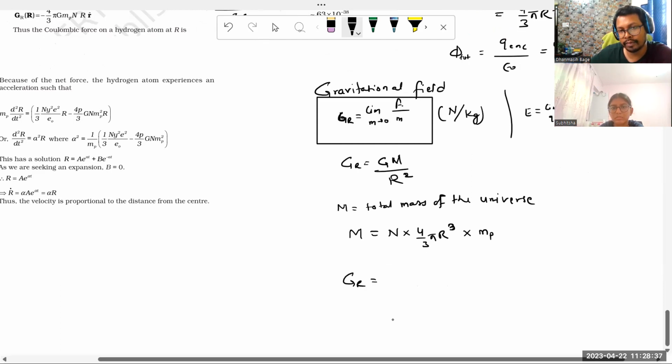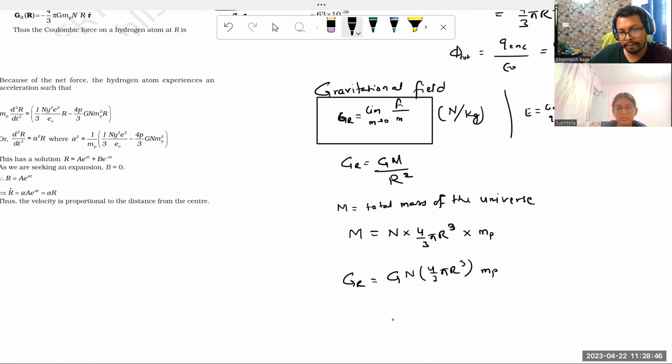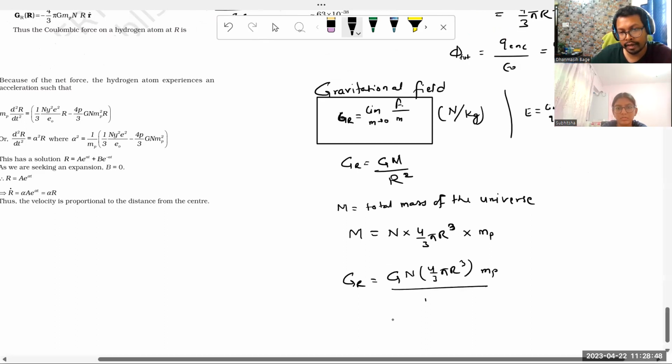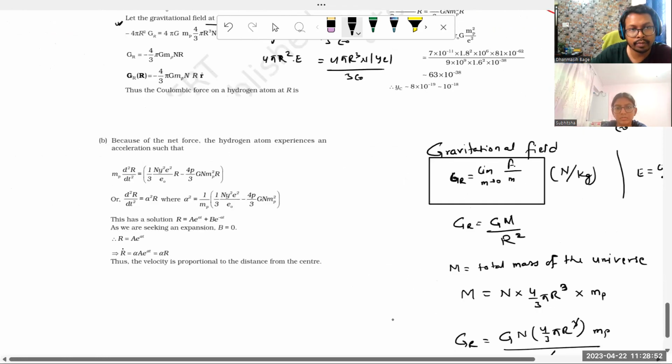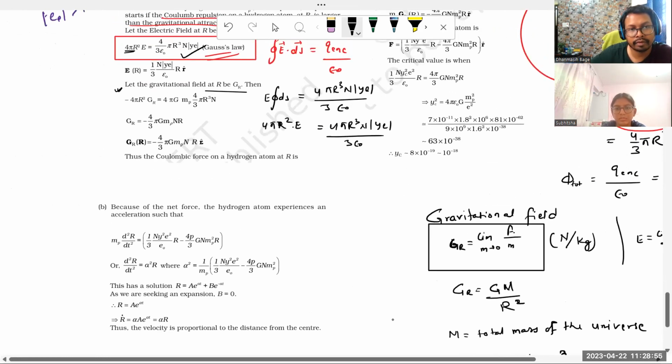So g r will be simply equal to G n 4 by 3 pi r cube m p divided by r square. R square cancelled, this will be r, and that's what they have got here.